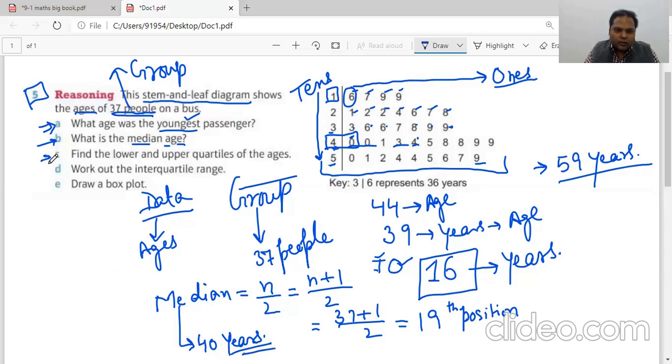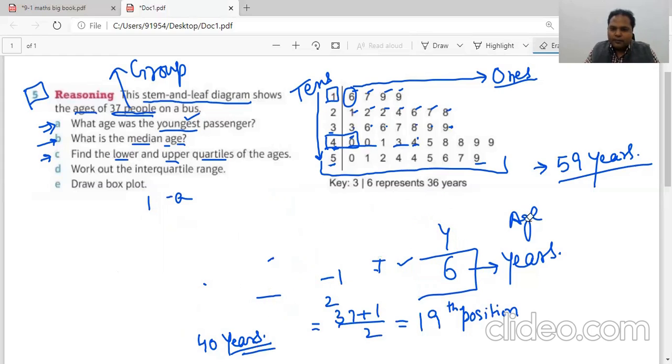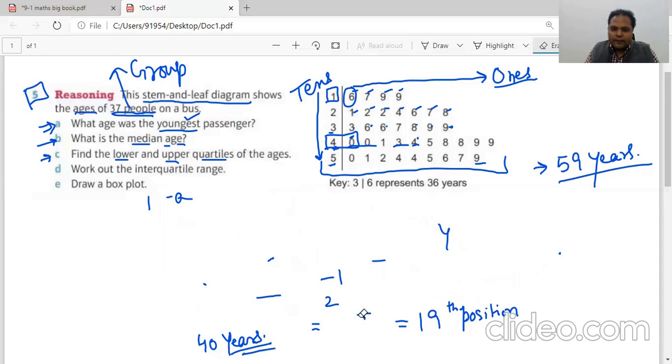Now the third one is we need to find out the lower and upper quartiles. How do we find that out? Let me first clean this a bit and make some space here, and we'll quickly find the lower and upper quartiles. Right, so we are all clear here.